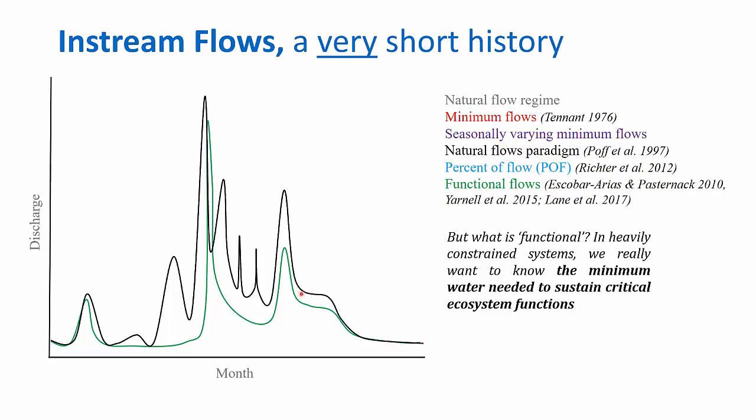We try to mimic these flows, but still leave some room for society to extract water. So the difference between the black and the green hydrograph is the water that can be used for humans.